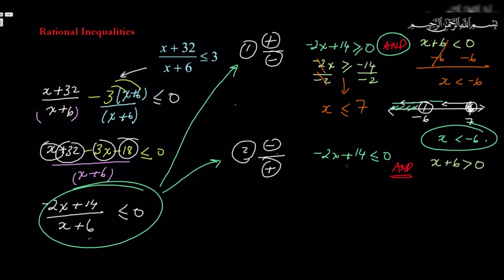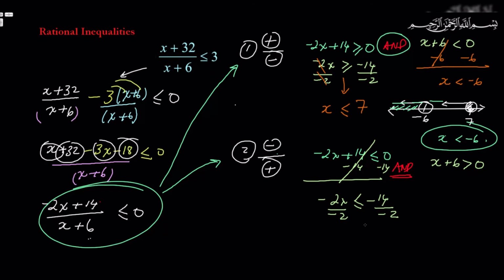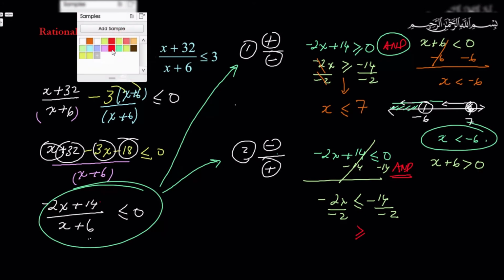So solving this, if you subtract 14 from both sides, you get minus 2x is less than or equal to negative 14, and then you divide both sides by negative 2. And remembering to change the sign again, because anytime you divide or multiply an inequality by a negative number, you have to change the direction of the inequality.